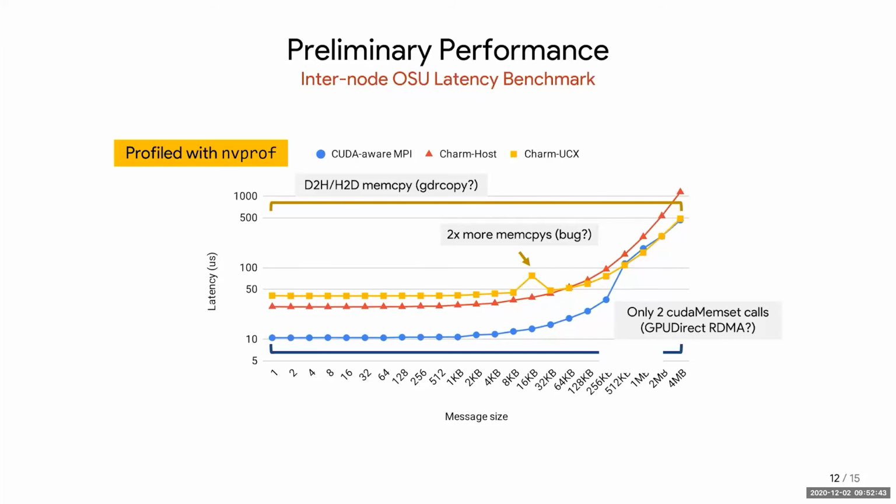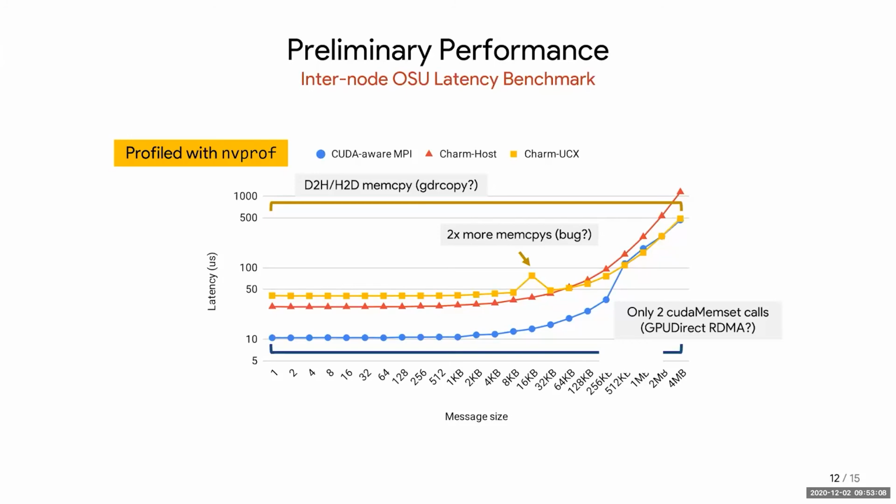So another comparison that you can run: instead of running Spectrum MPI, you could run OpenMPI with UCX. Yeah, that's a good point. And see what NVProf shows you there. Whatever you see with Charm UCX should be identical to that. And if not, then there could be an artifact in Charm++ that could be resulting in this difference.